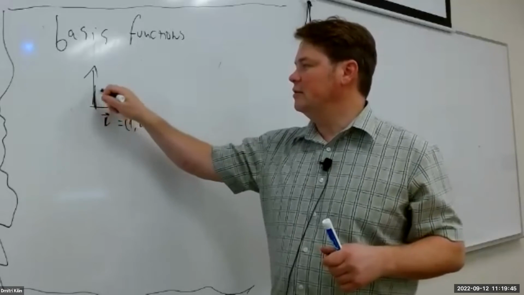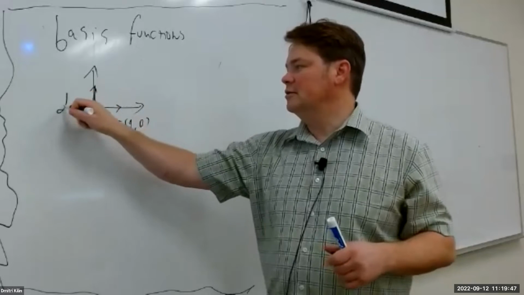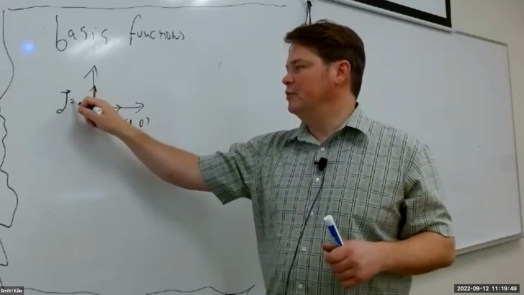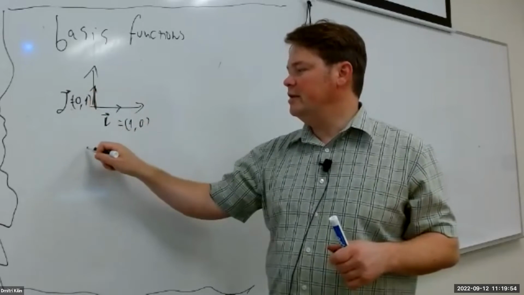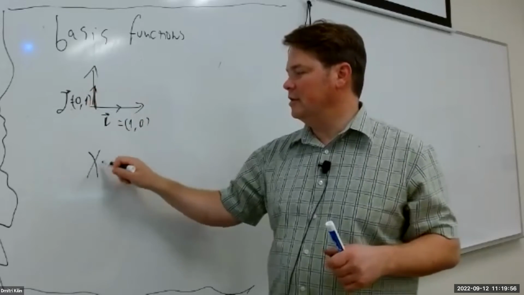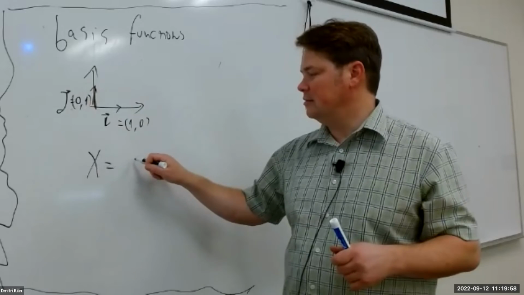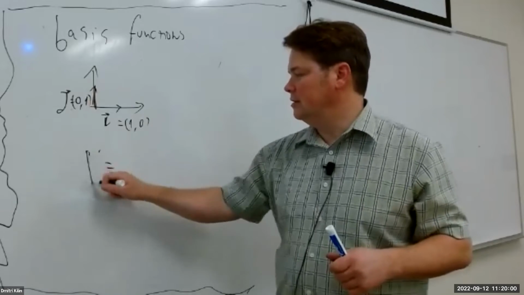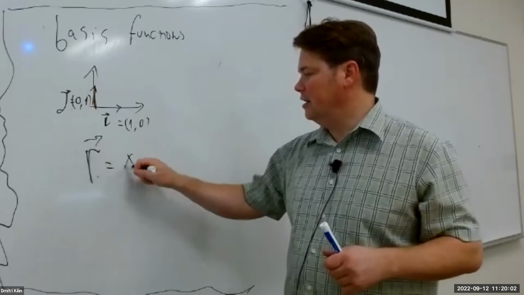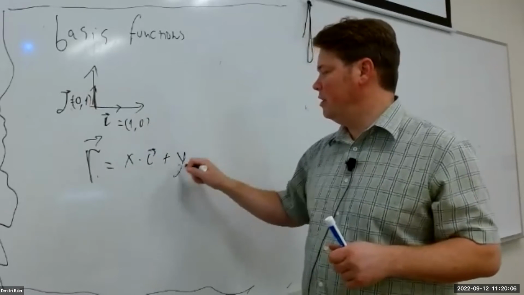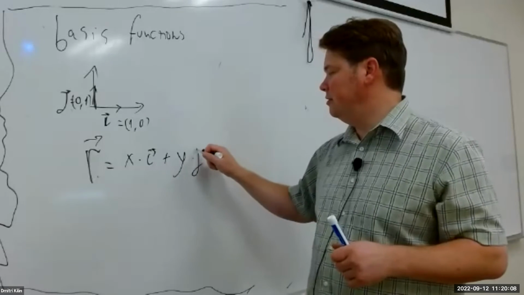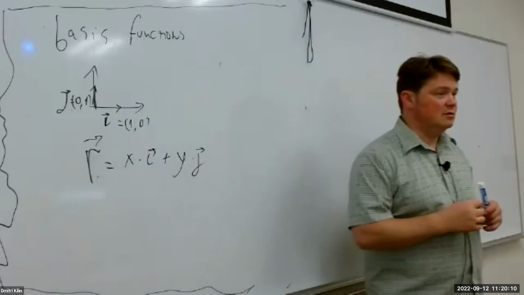And then one can have the vector j with projection 0 in x and 1 in y. And then any vector r can be expressed as x projection times i plus y projection times j. Yes. So basis.